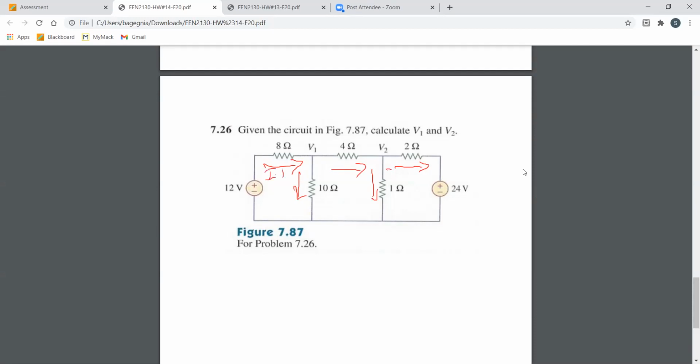Whatever you call it, I1, I2, I3. I want to see this in the exam, or do not write down the equation unless you put those as the guide for writing the KCL and finding the right solution.